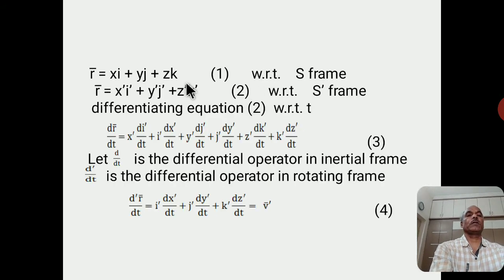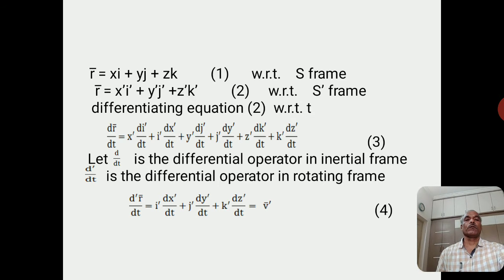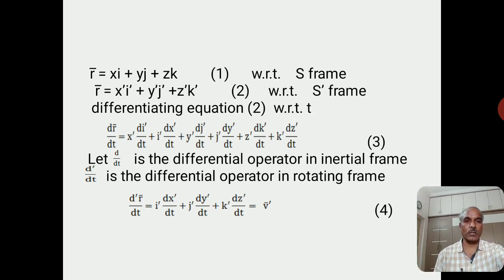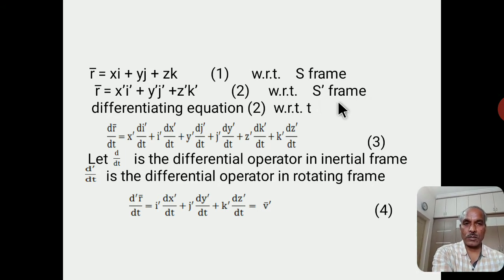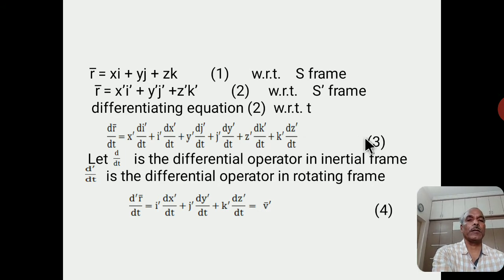Position vector of the particle P with respect to S frame of reference is given by equation 1, and equation 2 gives the position vector of the particle P with respect to S' frame of reference. Now let us differentiate equation 2 with respect to t. You will get equation 3.